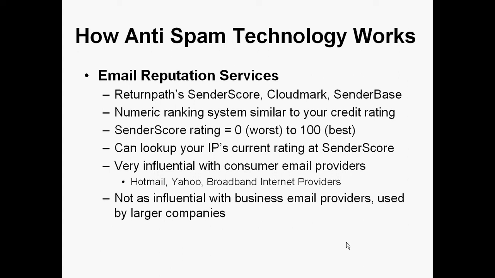The way this works is they compare practices. They look at what is typically done by people that have opt-in lists, and then they also look at what spammers are typically doing, and then they try to see where you fit in that continuum. So at one end of the scale, you have opt-in people. The other end of the scale, you have spammers.